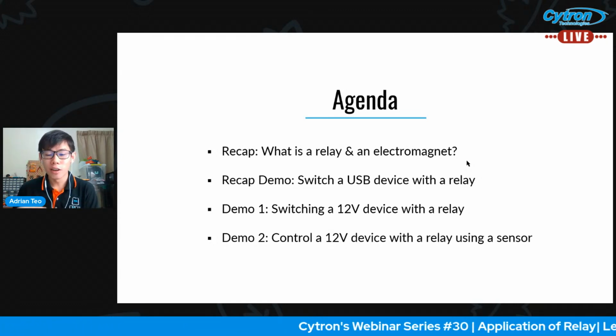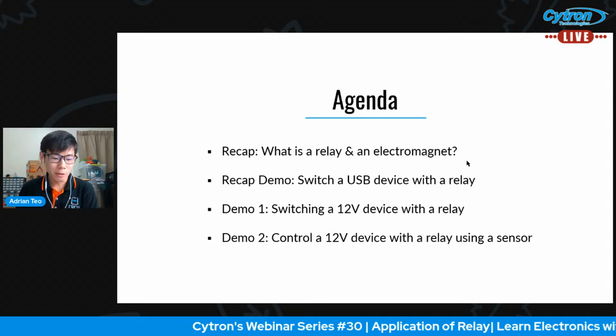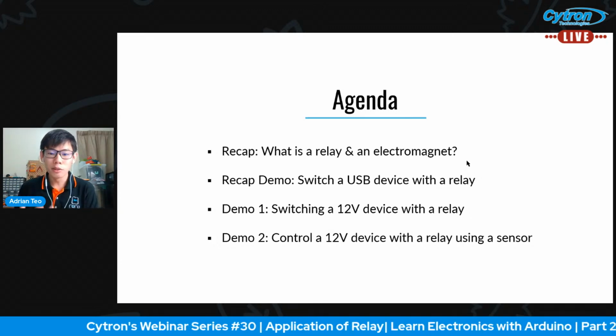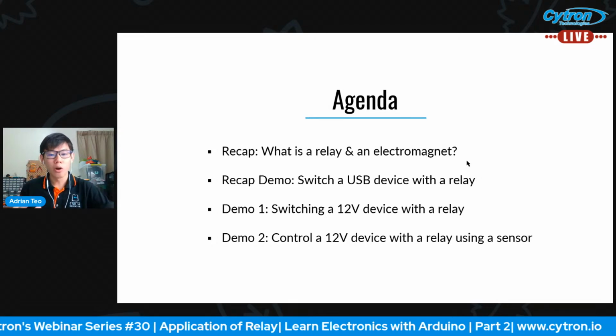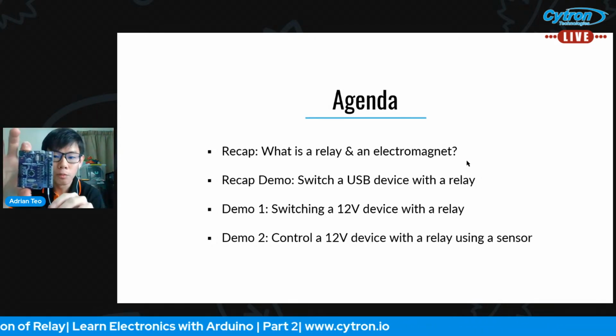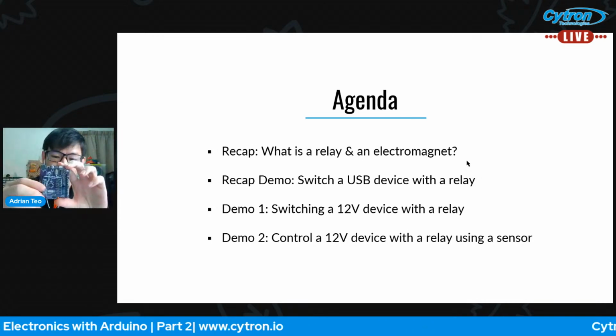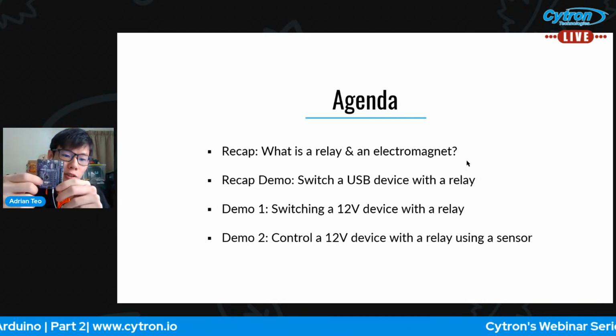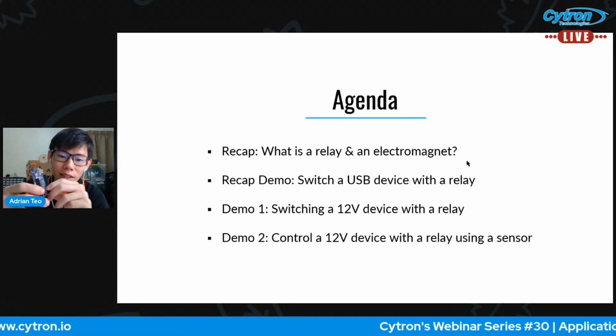If you have been learning Arduino for some time now, you'll probably be using just whatever is on your Arduino. Over here I have a Maker Uno. With the Maker Uno or any Arduino, you will have 5 volt and 3.3 volt, and that's about it.